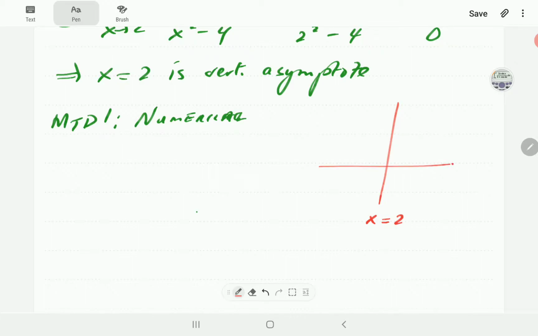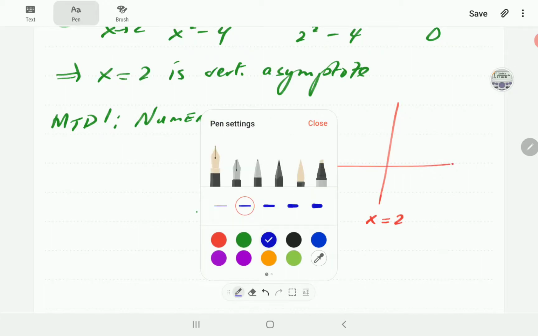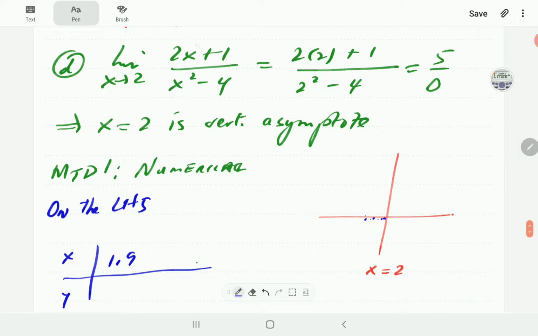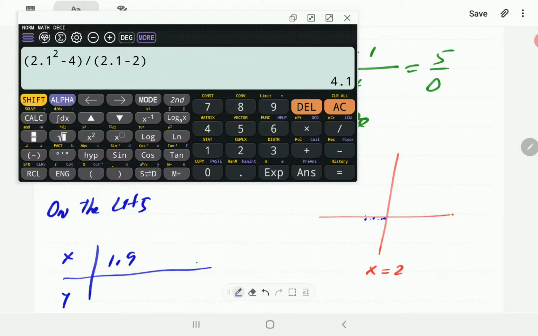So if we start with the left hand side, we're immediately just slightly to the left of 2, somewhere here, and then getting closer and closer to 2. So we're going to have x and y. If we start with 1.9, remember this is our f of x. We're going to bring in the calculator here.